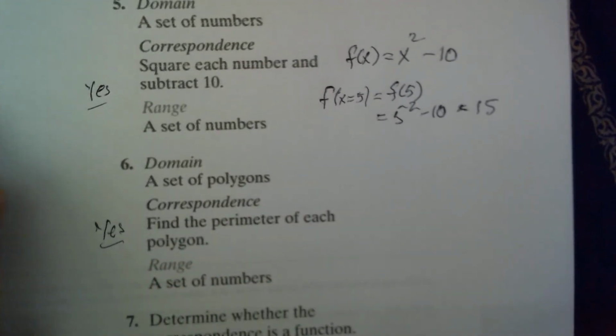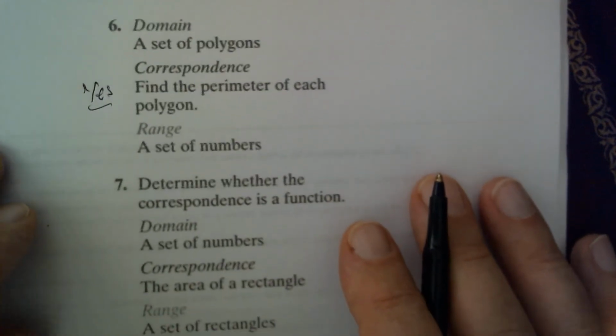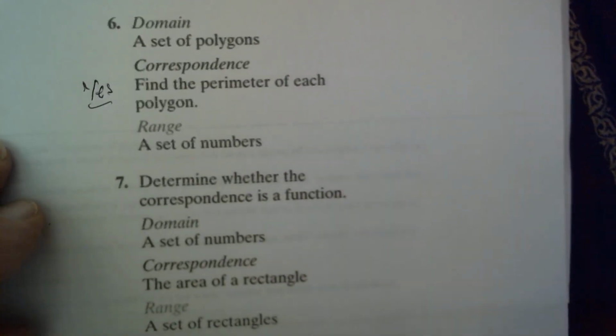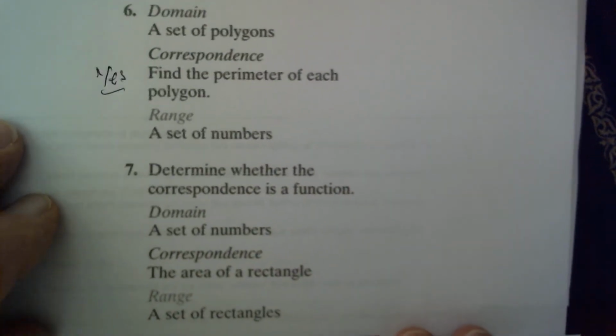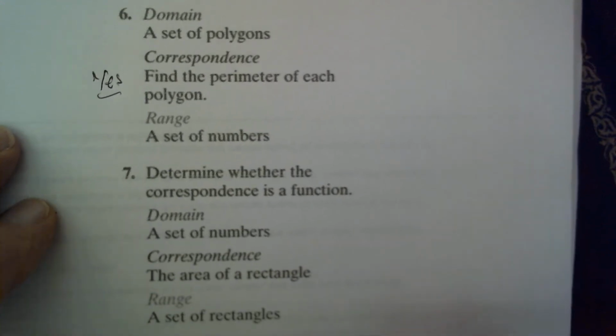And then number 7, here we ask, is this a function? The domain is a set of numbers. The correspondence is the area of a rectangle. And the range is a set of rectangles. Let's think about it.